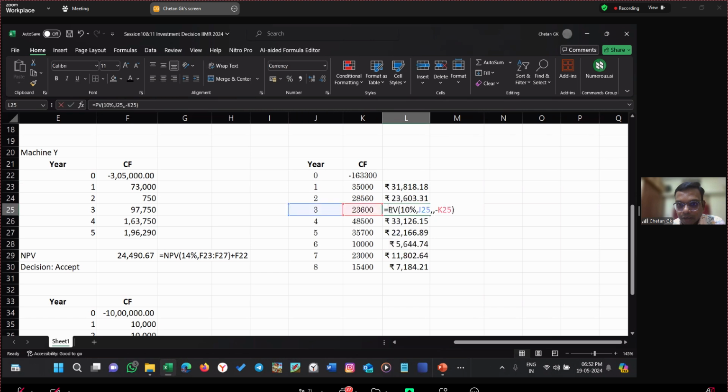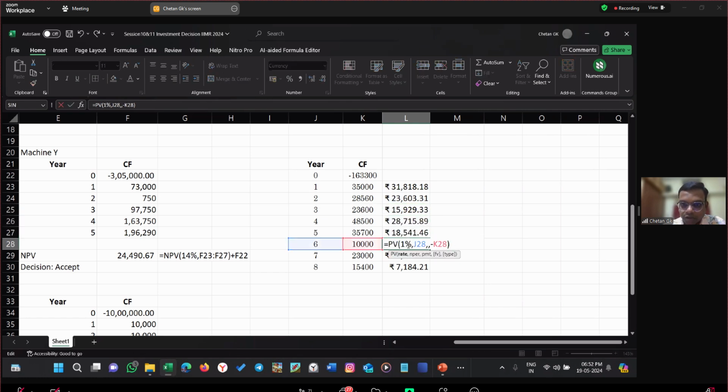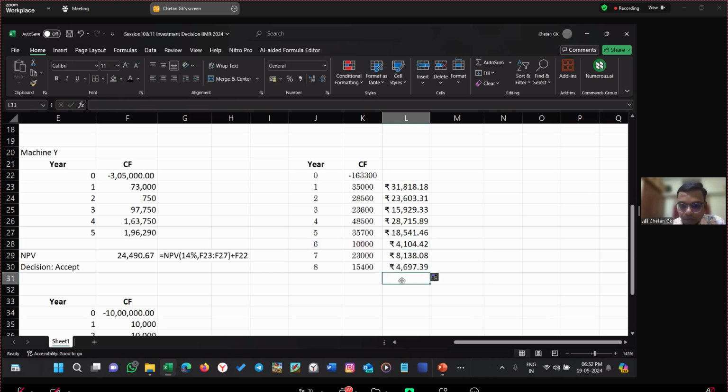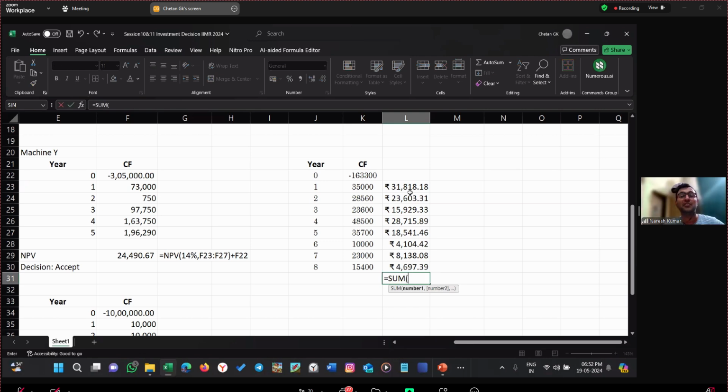Assume that in the third year this changes to, let's say, 14%. Okay, so 14% for the next 3 years. Let's say this then changes to, let's say, 16%. The NPV formula will be the same.